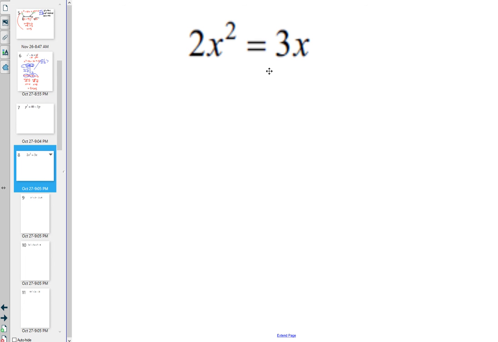People overthink this. So let's just follow the steps. Negative 3 over 2 and 2. What does the first step say to do? Yeah, so when I see a lot of people, oh wait, I don't know what to do. Oh, what? Let me divide by x. No. Make it equal to 0.